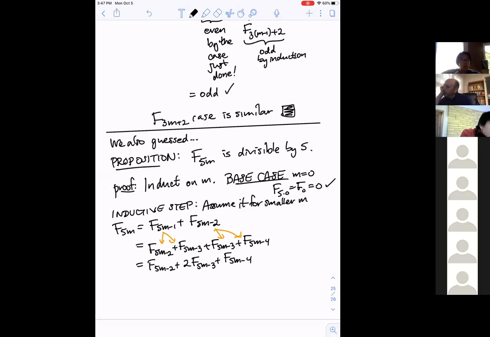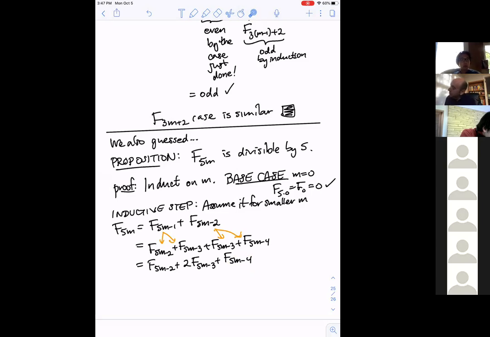Okay? So you see what I'm saying? You do get some coefficients showing up, and I'd be happy when those coefficients are actually 5s or multiples of 5s. Because I'm just trying to show the right-hand side, the whole thing is divisible by 5. But I'll also be happy when I can convert that subscript to a 5m minus 5, where the subscript itself is divisible by 5, and I can use induction.